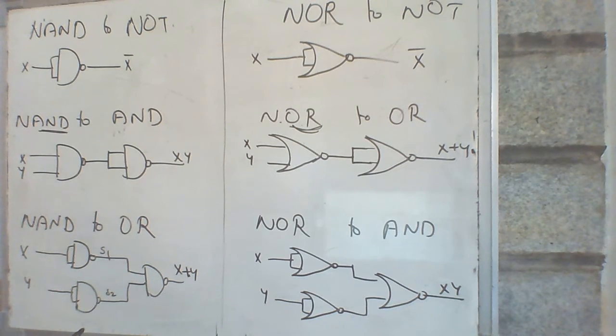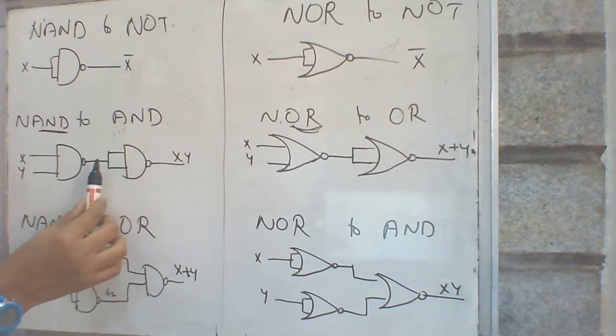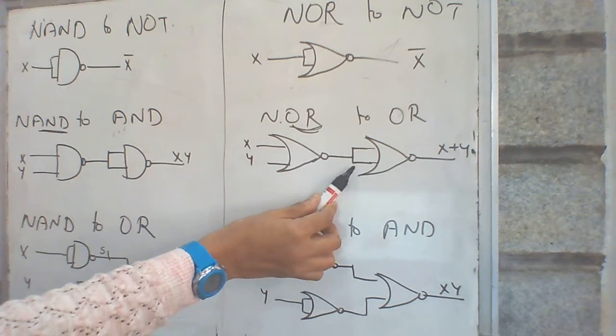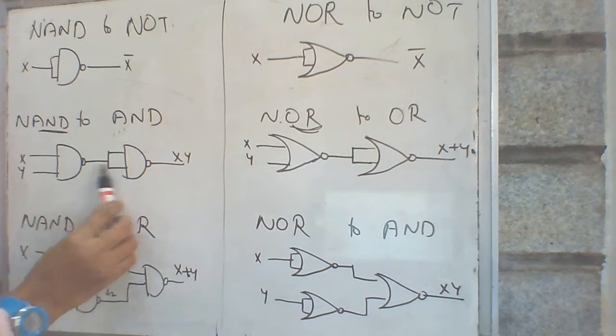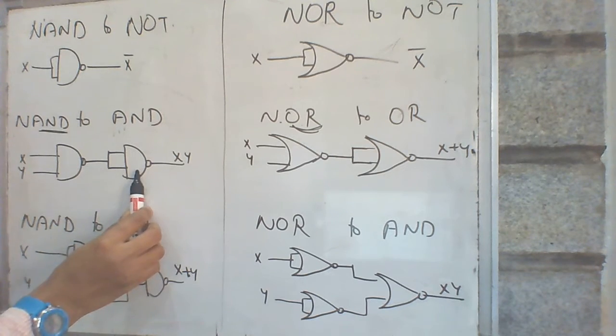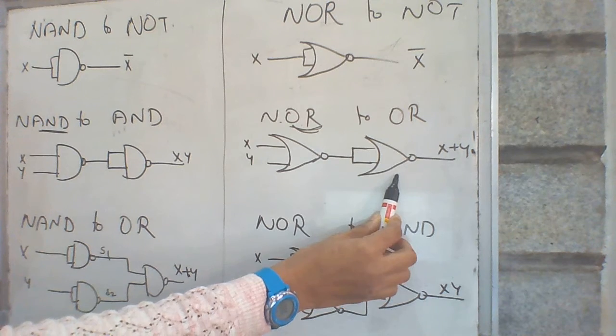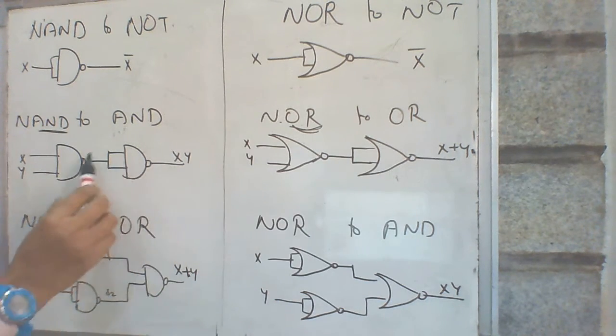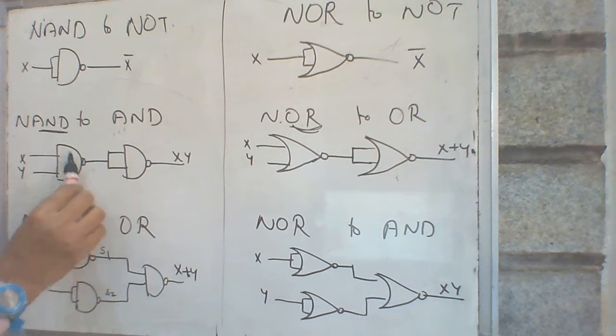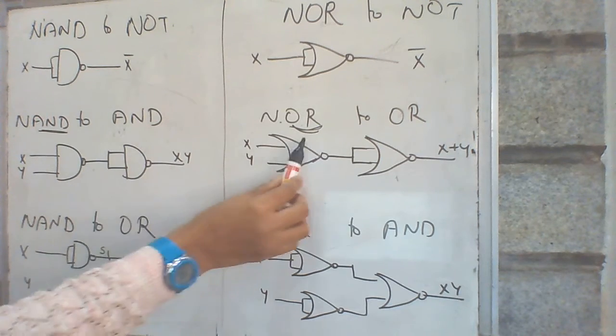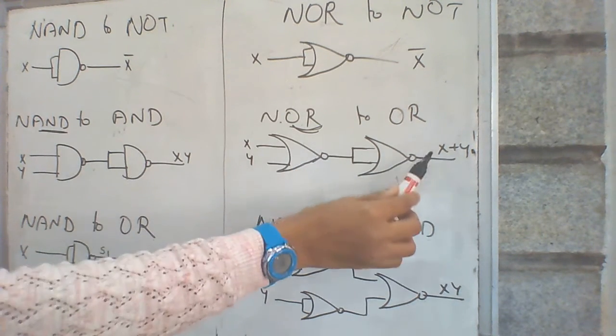How many NAND gates? 2 NAND gates are required. This is the same diagram for NOR to OR logic. Here 2 NAND gates. Instead of this NAND gate, we can draw 2 NOR gates. Here we are designing NAND to AND. Here it is NOR to OR.